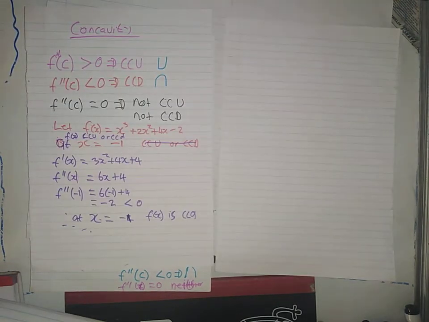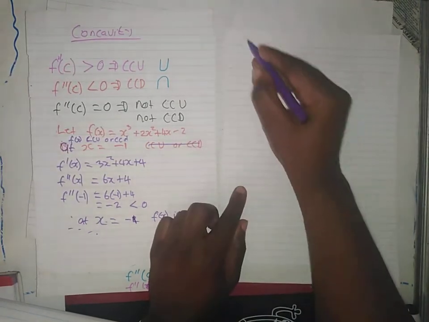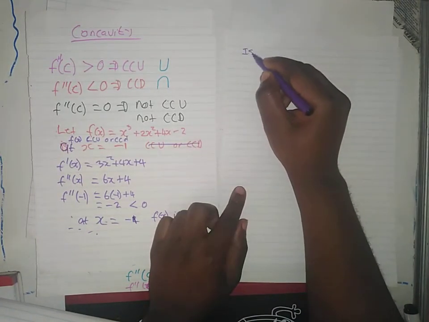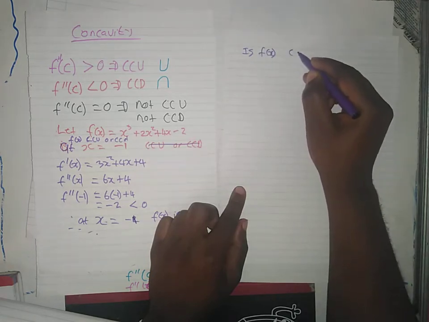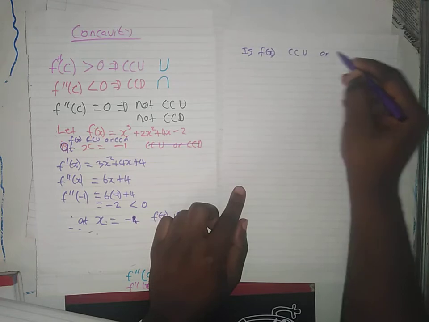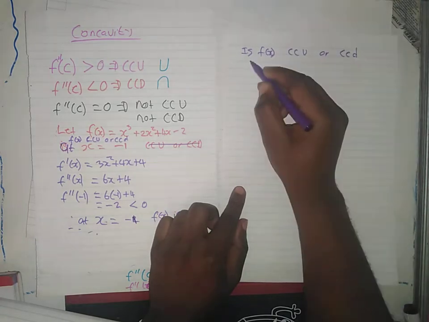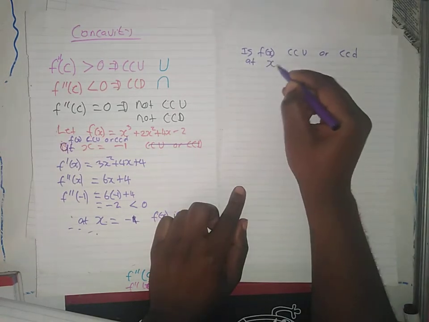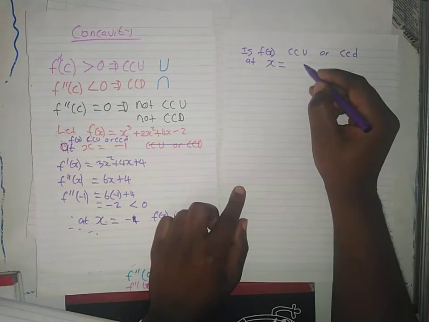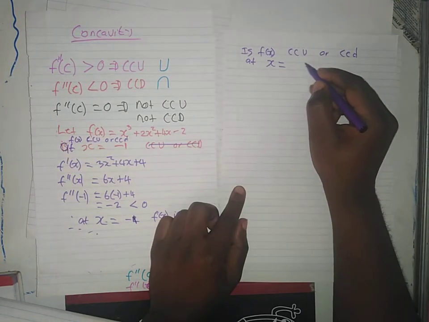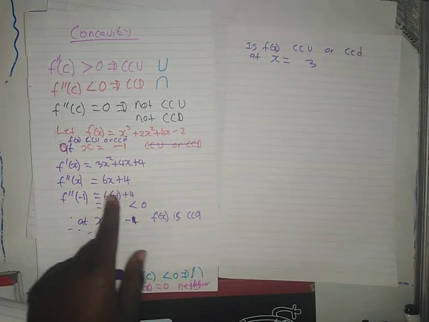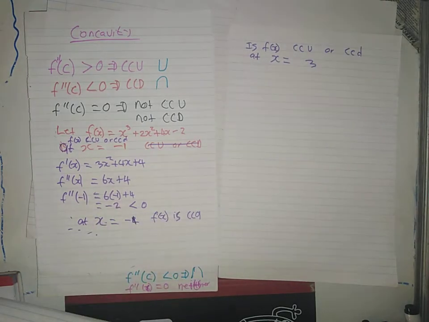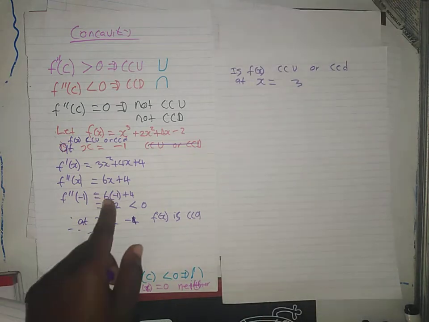Now let's take the same function and ask a question properly. Is f at x concave up or concave down at x is equal to, let's say, 3? You have to find the first derivative and then the second derivative.